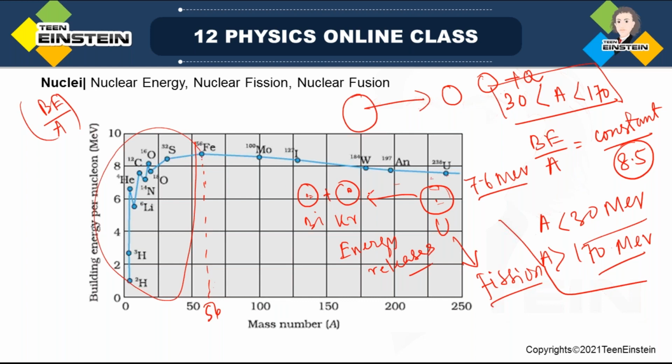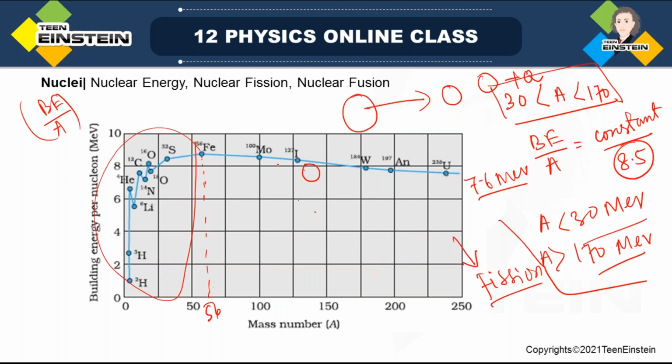Now if we do the reverse, in this region itself, if I break a bigger nucleus, or if we take some other nucleus and break it into two smaller ones, then also we will be releasing energy.